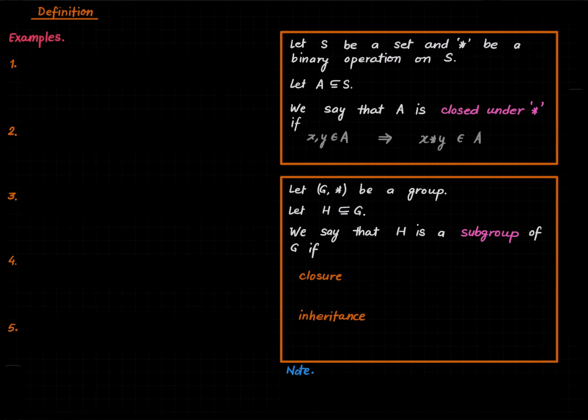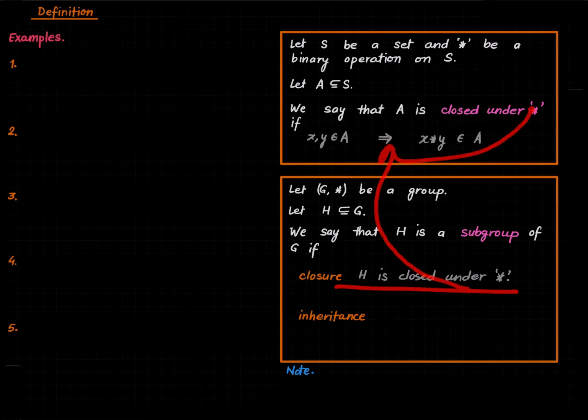And for that to even make sense, first of all, we should have closure. What does that mean? It means that H is closed under star, which was defined above. This phrase has meaning because of this discussion. If you pick 2 elements in H, they are also 2 elements in G, so you can multiply them via star. This just says that you will always remain here.